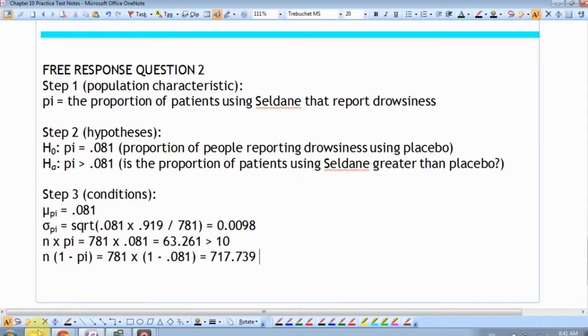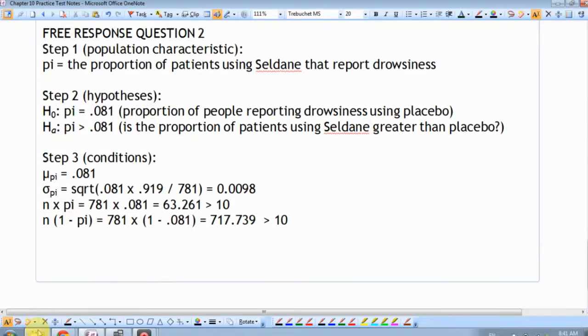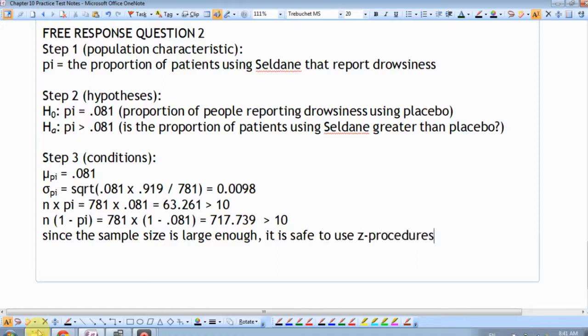Yeah, that's greater than 10 also. Since the sample size is large enough, it is safe to use Z procedures or normal procedures.